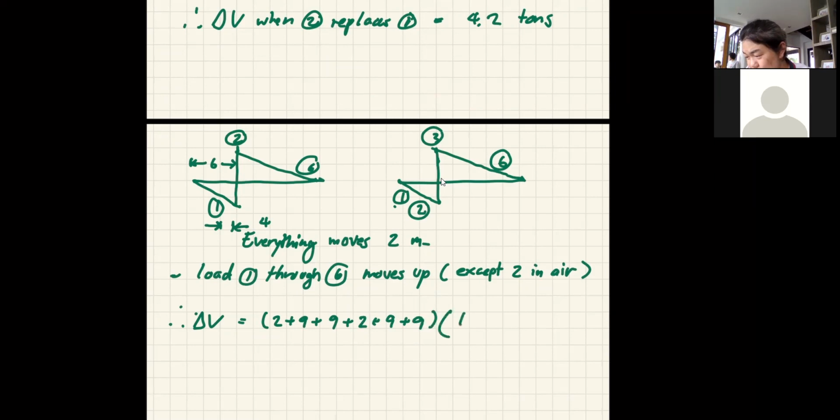The slope is 1 over 50 and everybody moves 2 meters. Okay, so everybody gives the positive value except the 2 now is in the air, so we need to bring 2 down.